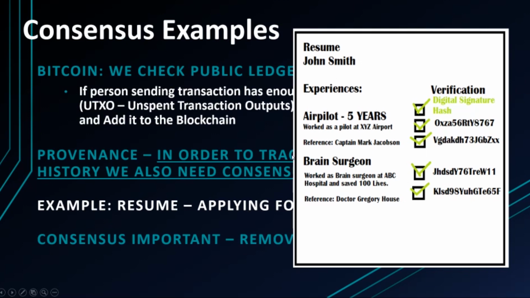So by implementing digital resumes that are connected to the blockchain, they need consensus and provenance to verify these resumes. You can know that it removes the trust not just from your word of mouth, but it's also backed up by everyone, by all these different entities and people as well. So it's better on your part too.